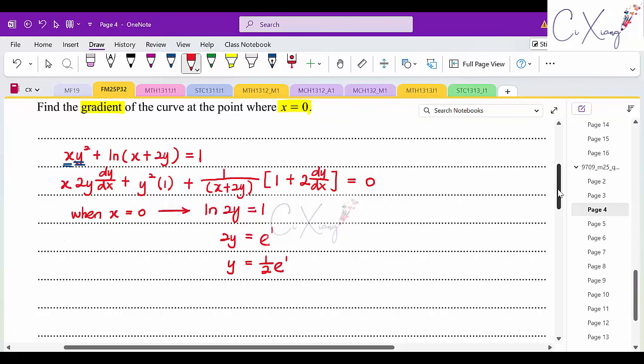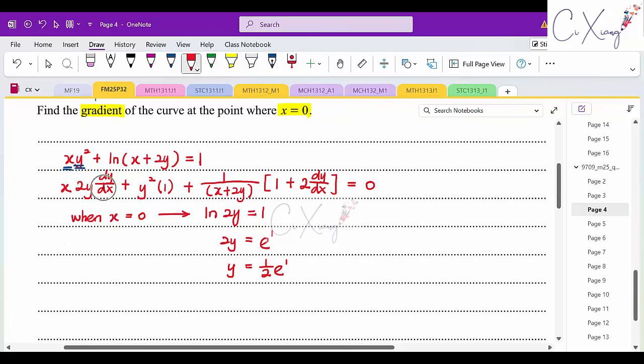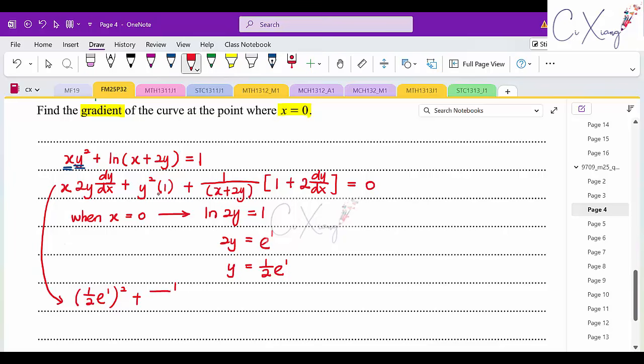Now I want to substitute it back into my differentiation just now and get the value for dy dx. When x equals to 0, you substitute it into this particular term, and this term becomes 0. Then I'm having the second term as y squared, so you have 1 over 2 e power 1, then squared. Then plus, how about the next term?